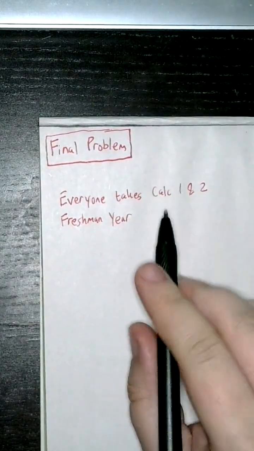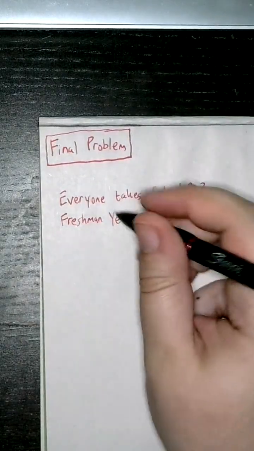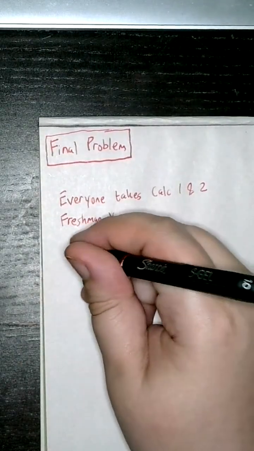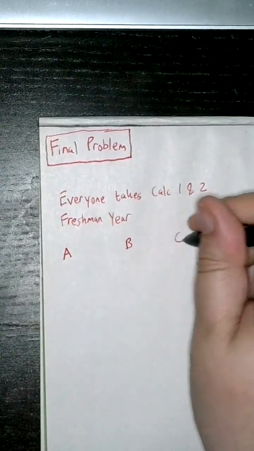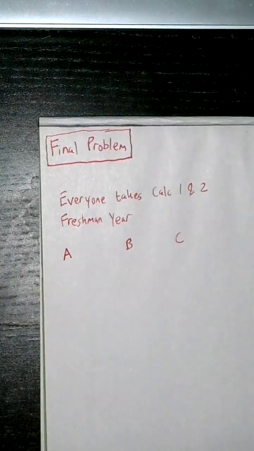And then, once you are done Calculus 1 or 2, you go into a 3-year cycle. I'm going to call it A, B, and C, because this is the order in which I took it.